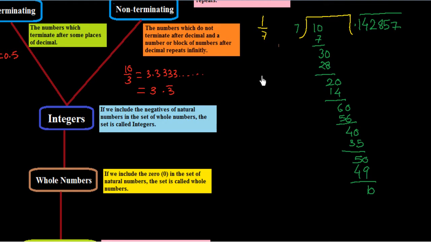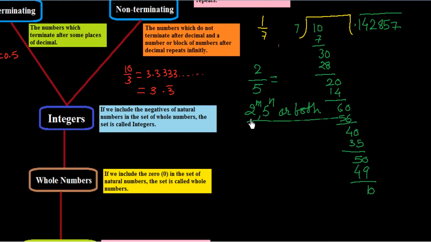Just like 2 over 5, you see here in the denominator there is 5, so it is a terminating number. If in the denominator there is 2 to the power m or 5 to the power n, or both 2 to the power m and 5 to the power n, then it is terminating.